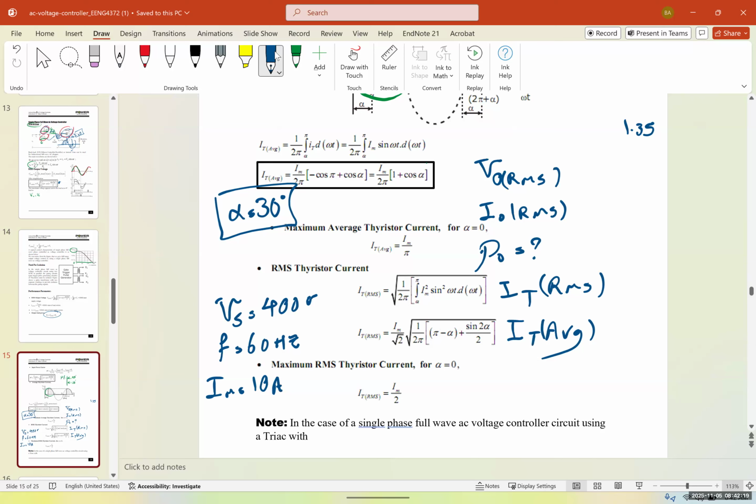And the rest of the equations are here. By the way, if you need it, R is 40 ohms. The resistive load is 40 ohms if you need it. You may need the frequency, you may not need it.